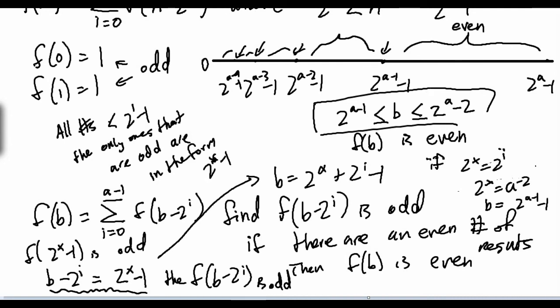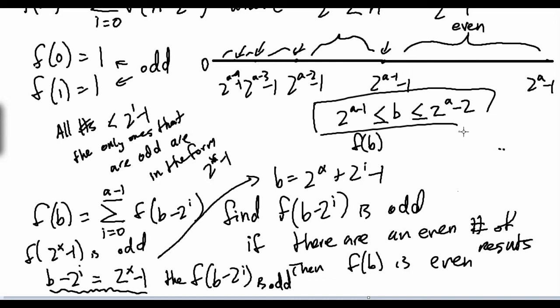Which means that if one value is above the range and one value is below the range, that simply means x and i are different. If they're both a minus 2, they're below the range.